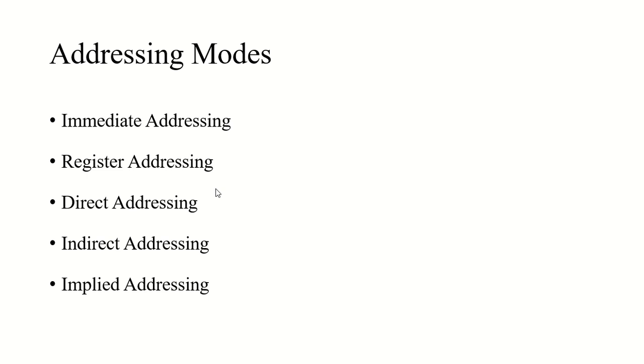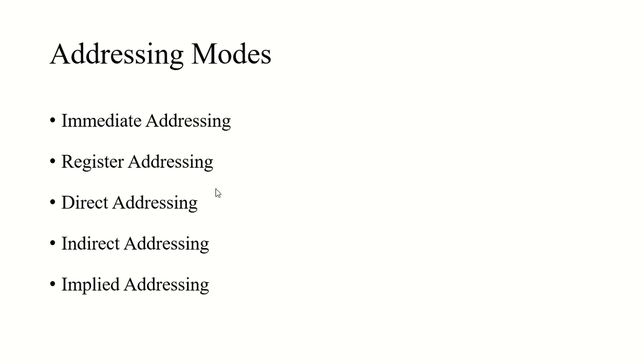In 2 byte instruction, the first byte of the instruction is opcode, and the second byte is some 8-bit data. And in 3 byte instruction, the first byte is opcode, the second and third bytes are 16-bit data, right? When we go for 2 byte, the second byte is 8-bit data, and in 3 byte, second and third both are 8 bits, so total 16-bit data.